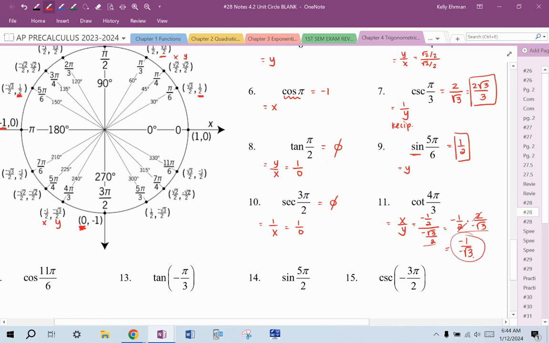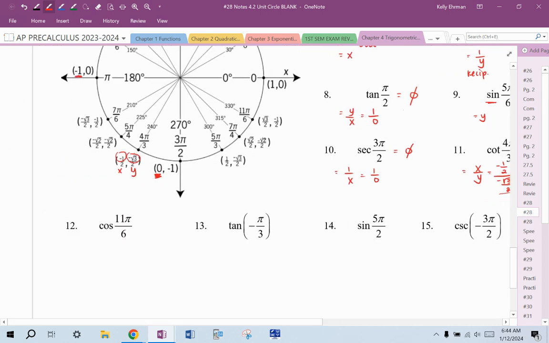You could get right down to this because if you know in all of these fractions, look around the unit circle, all of the fraction answers are over 2. So every time you do x divided by y or y divided by x, the 2's will cancel. So I just look at the numerators and I would just write down -1 over negative radical 3, and then we've got to simplify that further. It's positive and rationalize its radical 3 over 3.